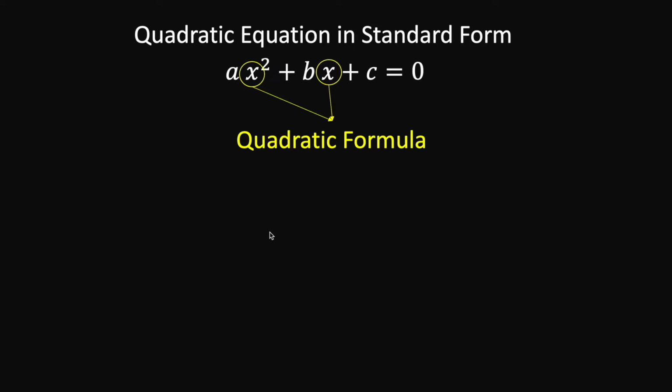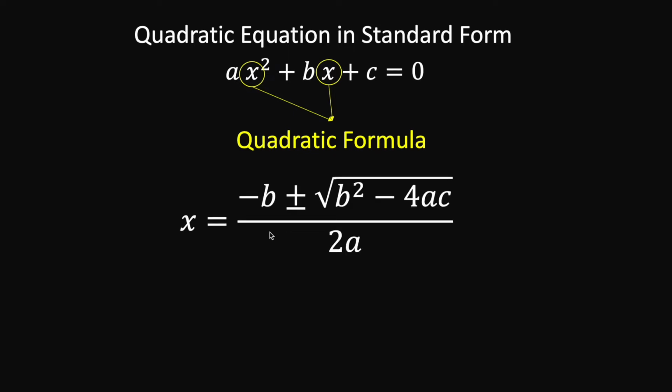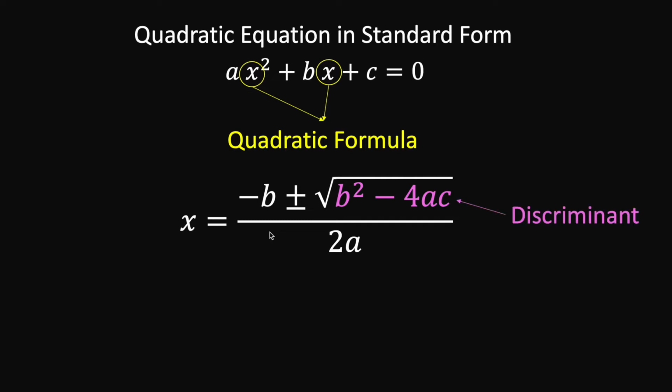And the quadratic formula is x equals negative b plus or minus the square root of b squared minus 4ac, all over 2a, wherein the quantity inside the square root sign, which is b squared minus 4ac, is called the discriminant. But what is the discriminant?